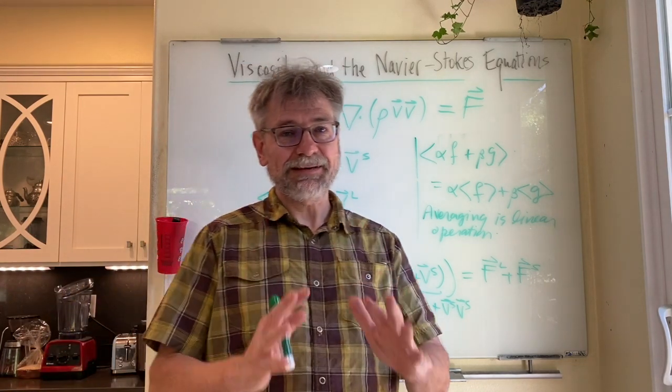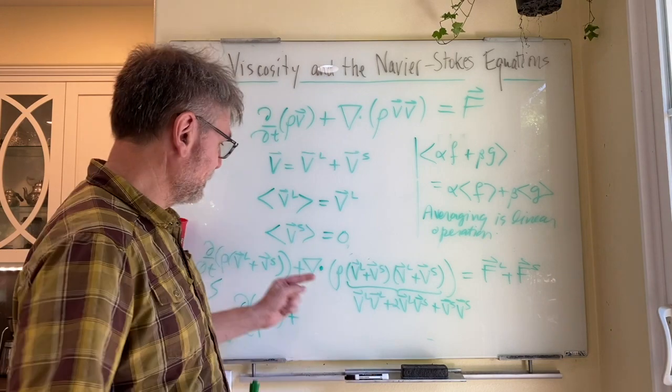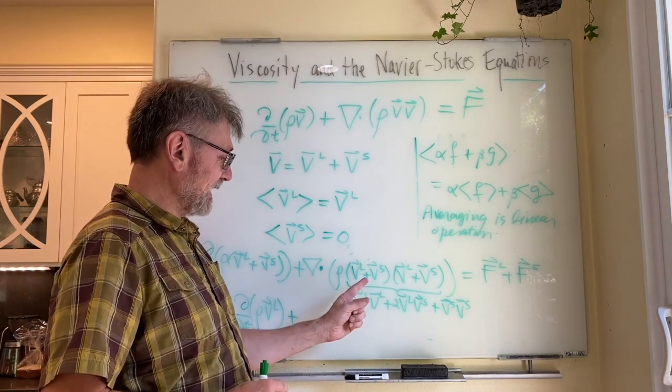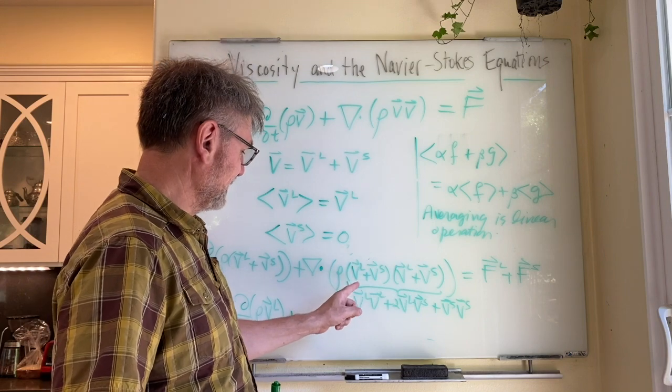I'm going to skip over that because it's a fast and loose lecture. I'm just going to assume that I can take the averaging operator inside the divergence. Maybe I can come up with a homework where you guys can show that that's okay.